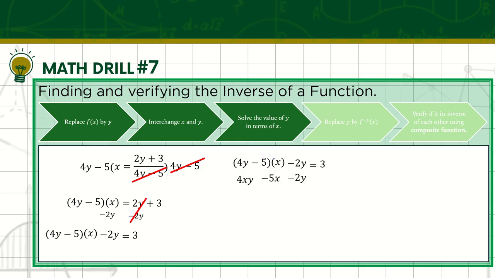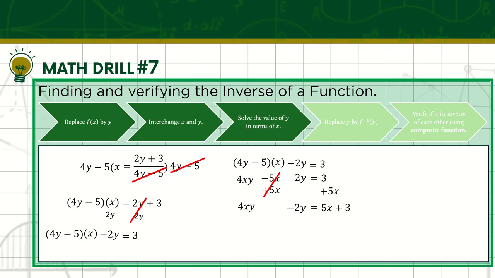Bring down negative 2y equals 3. And then, we are going to add positive 5x to both sides of the equation. So, canceling out negative 5x and positive 5x gives us 4xy minus 2y is equal to 5x plus 3.